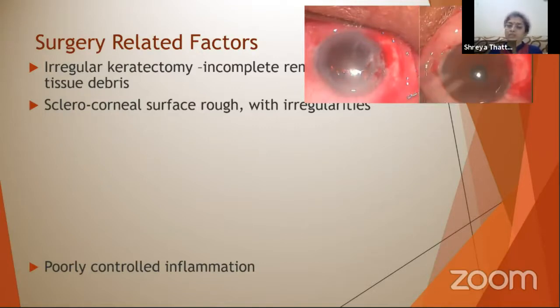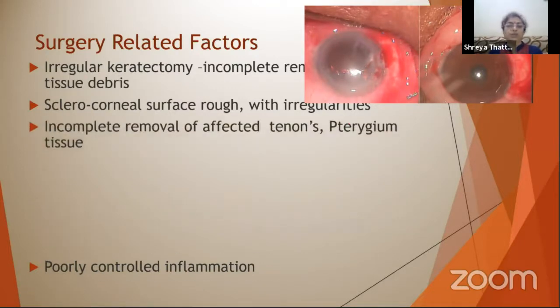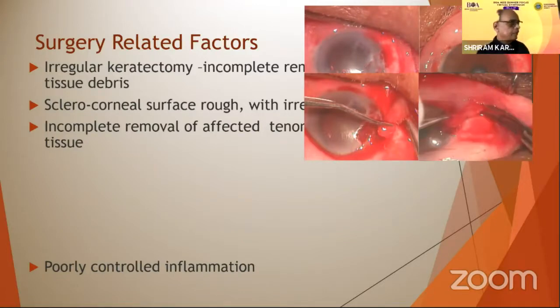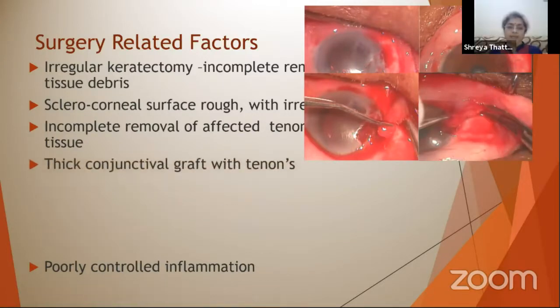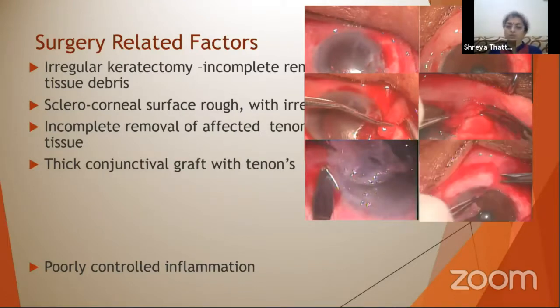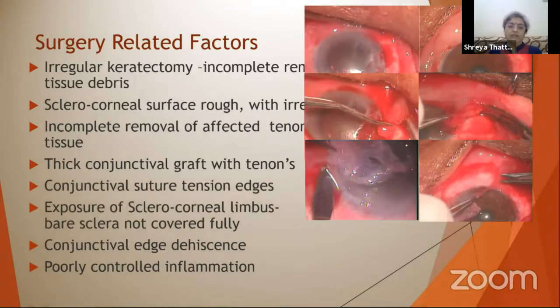So the dissection, keratectomy and pterygium excision should give a topographically smooth surface. There may be incomplete removal of the Tenon's or the pterygium tissue, so extended removal always helps to reduce recurrences. A conjunctival graft with Tenon's can lead to contraction of the graft, so a thin graft without Tenon's is always appreciated.